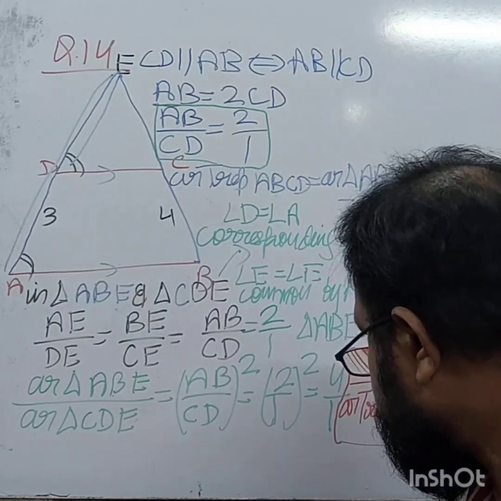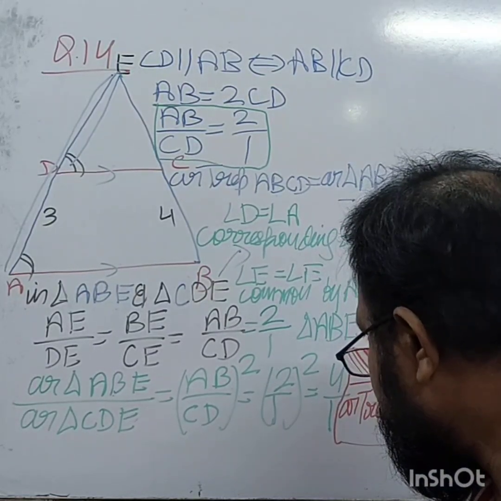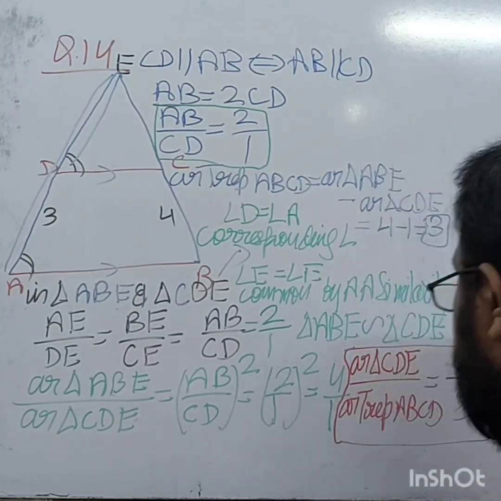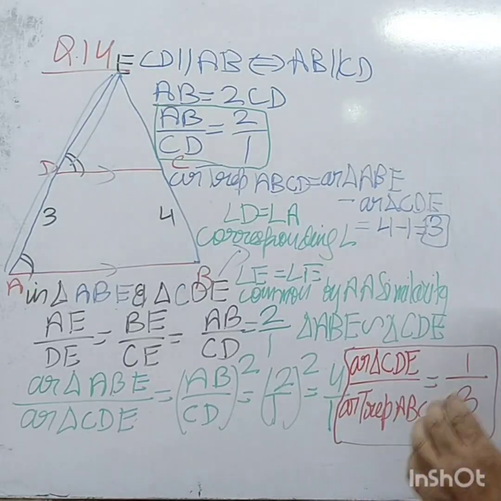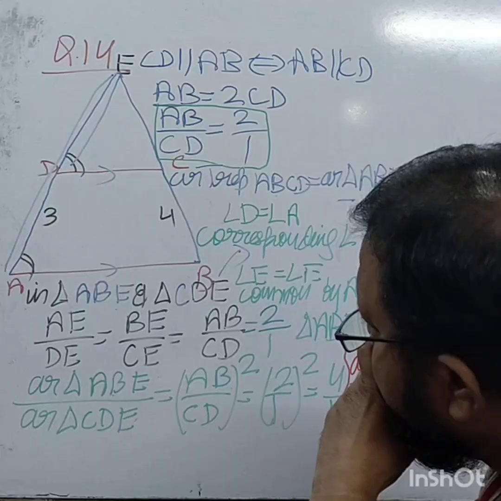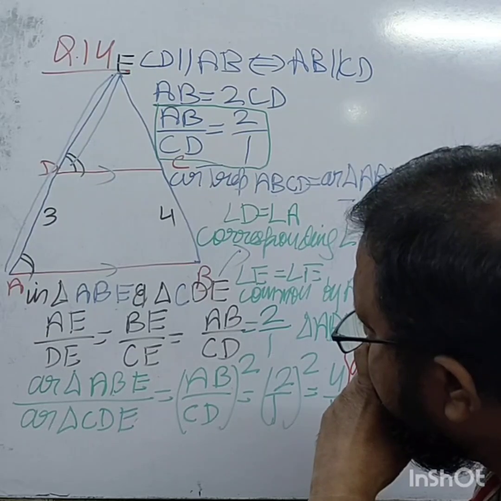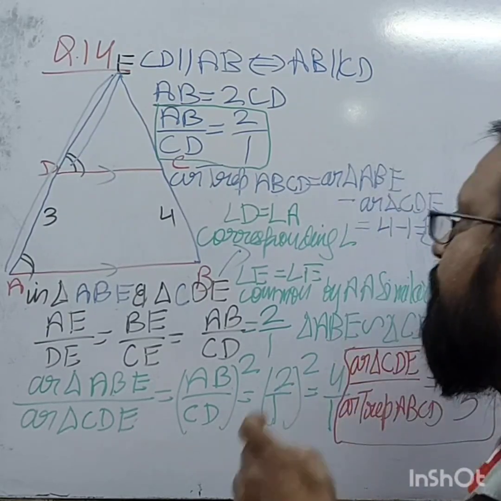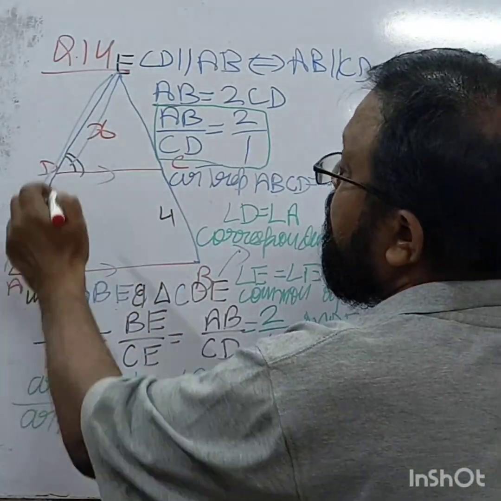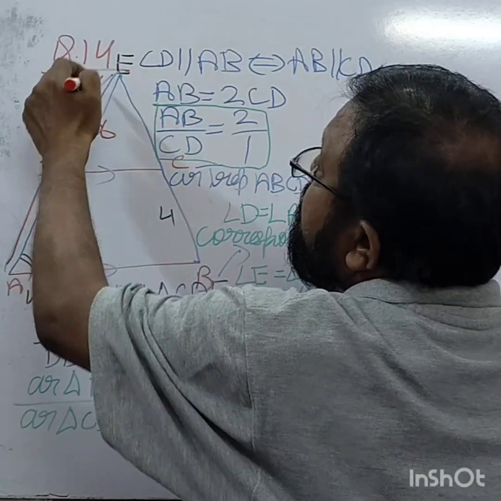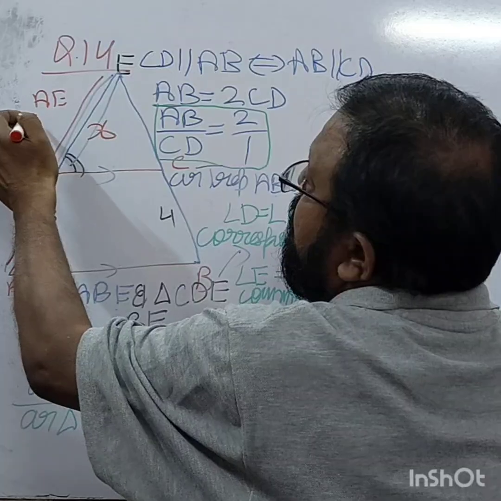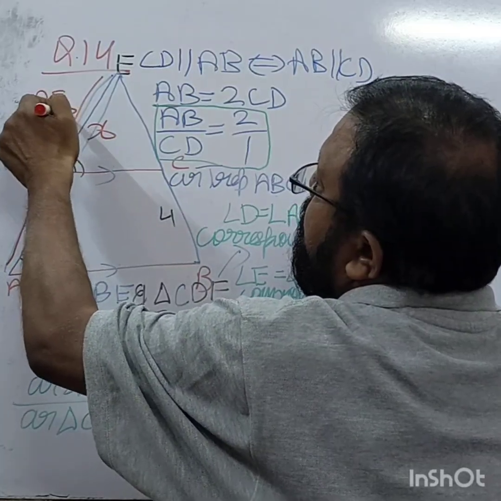ED. Okay. This is X. This is 3. So it means AE is equal to X plus 3.